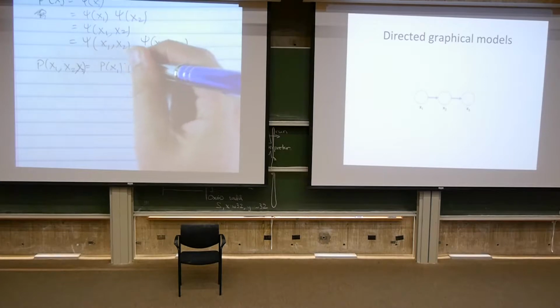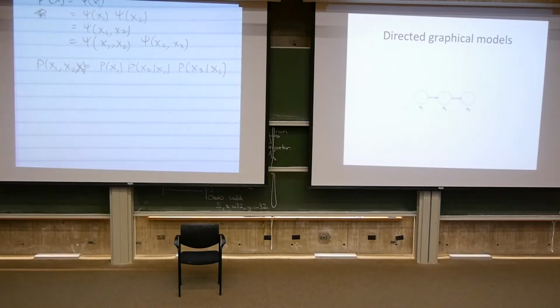So the way this factorizes the distribution is like this. So the general rule is the probability of something given its parents. So in this case, x1 has no parents, so it has its own probability. x2 is given x1 only, and x3 is given x2 only. And that makes sense to everyone? Everyone's good with that? Cool.